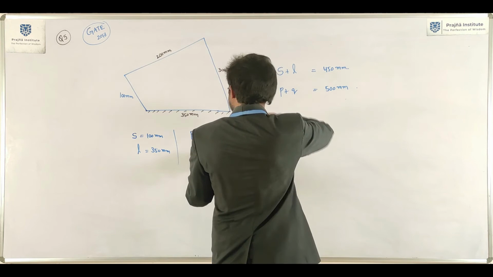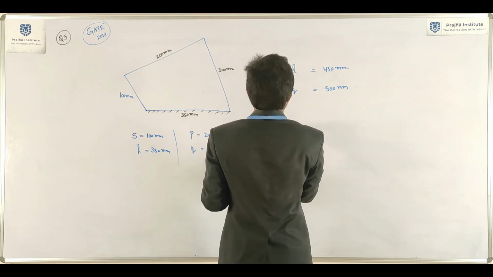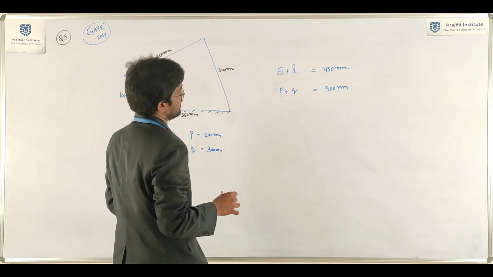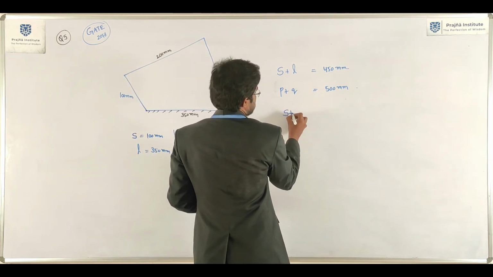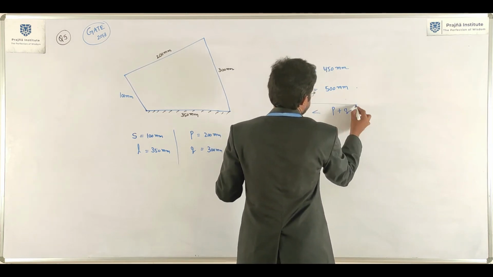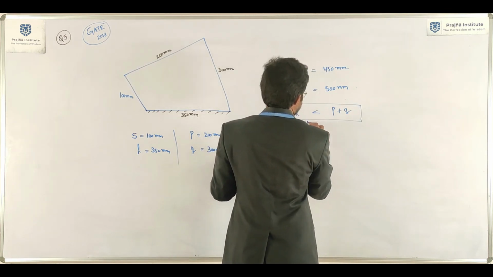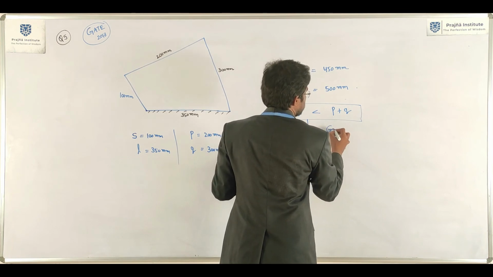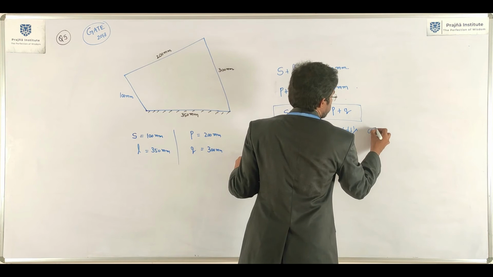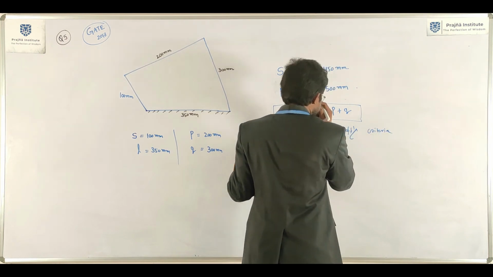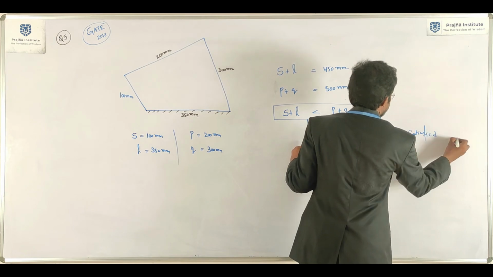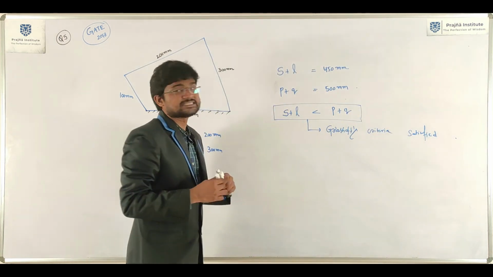Okay, 500 mm. That means what? Correct only, na? 450, it is 500. S plus L less than P plus Q. That means Grashof's criteria is satisfied. Okay, na? Grashof criteria satisfied.